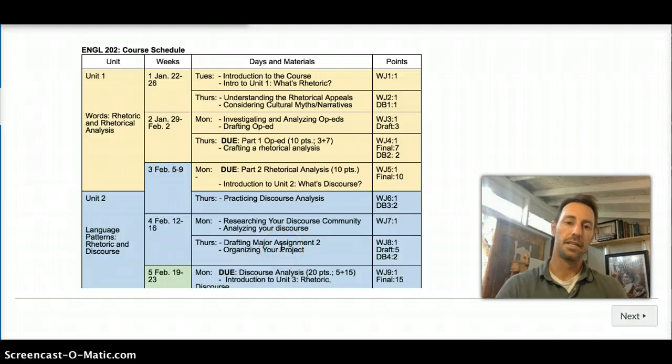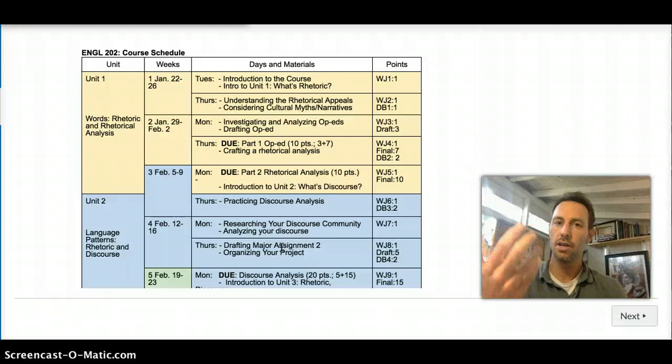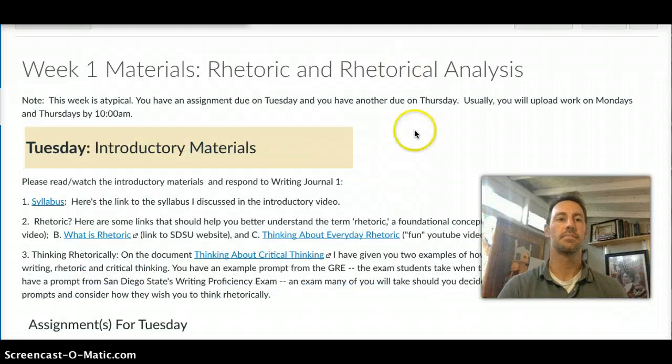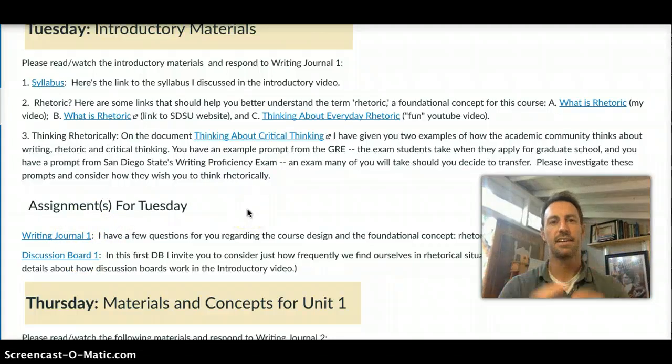Maybe give yourself a little bit of time to peruse this schedule here. You may also want to give yourself a little bit of time to take a look at what happens each week. So if you look at something like the week 1 materials, you'll see that you have a writing journal due this week, there's a discussion board, and so you'll get a sense of how much work is really involved.